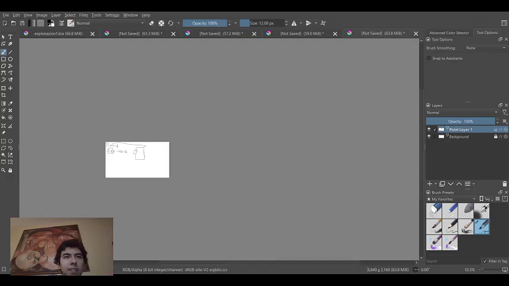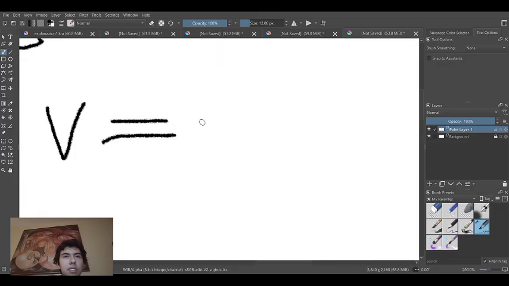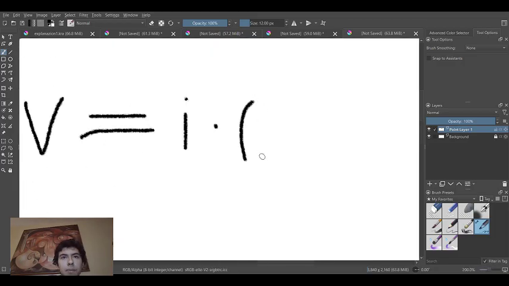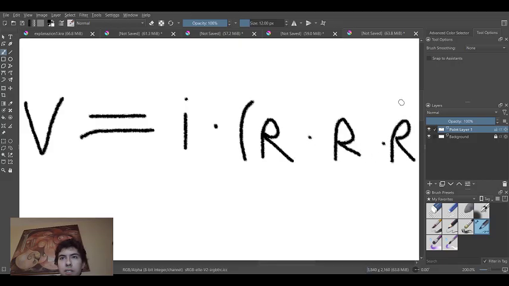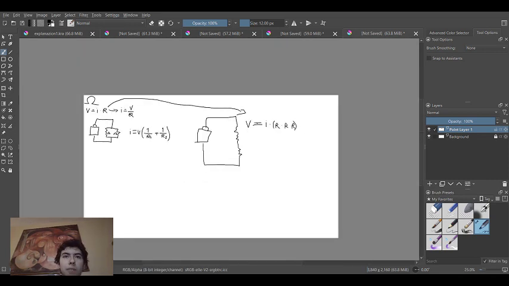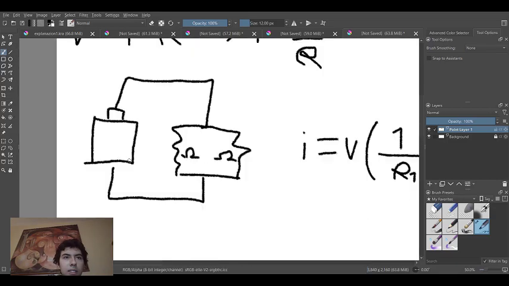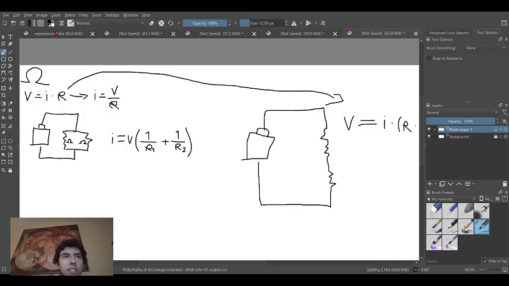V equals IR. So it's just going to be the voltage is equal to the current times the sum of the resistances. And that's how we're going to calculate in series and in parallel for resistances.